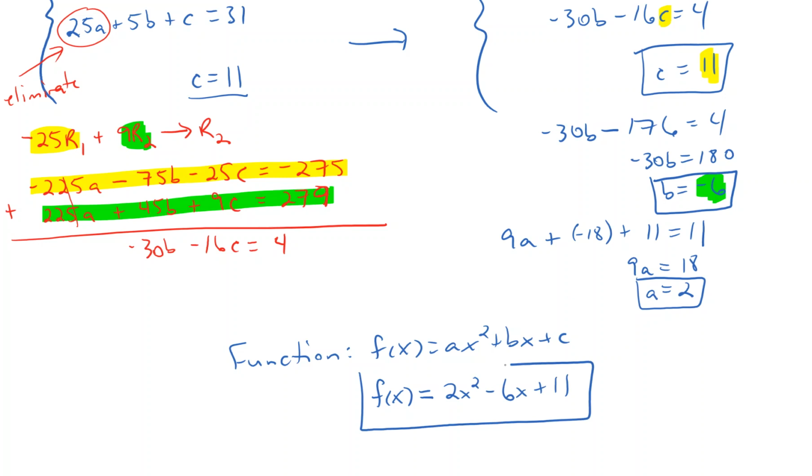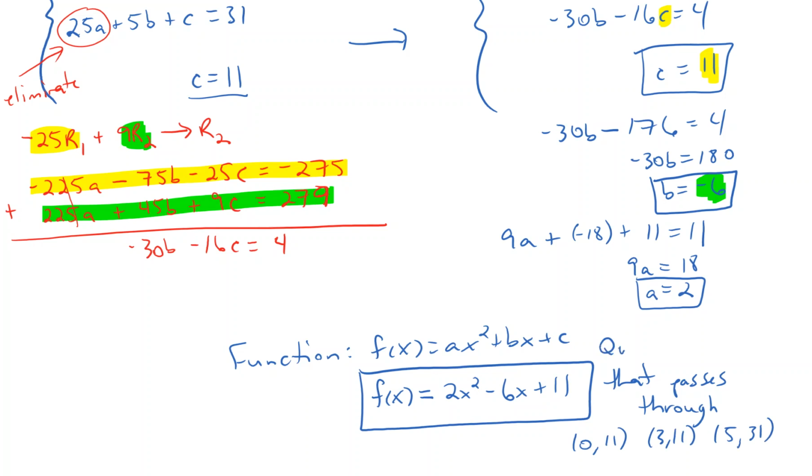So this is the function that passes through, what was it, (0, 11), (3, 11), and (5, 31). So this is the quadratic function that passes through those 3 points.